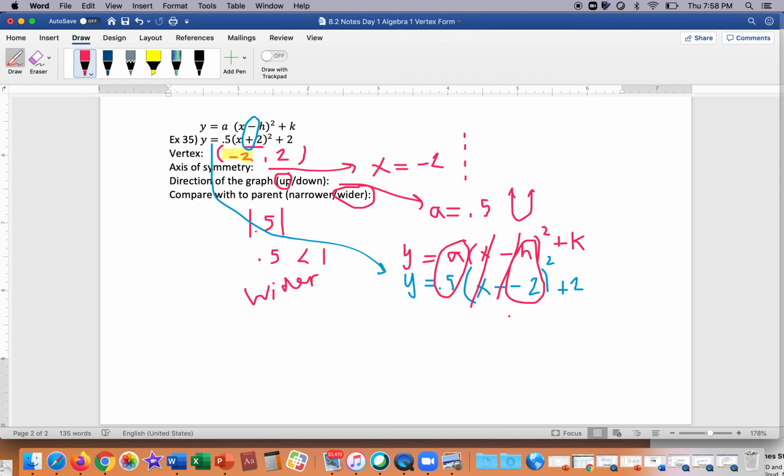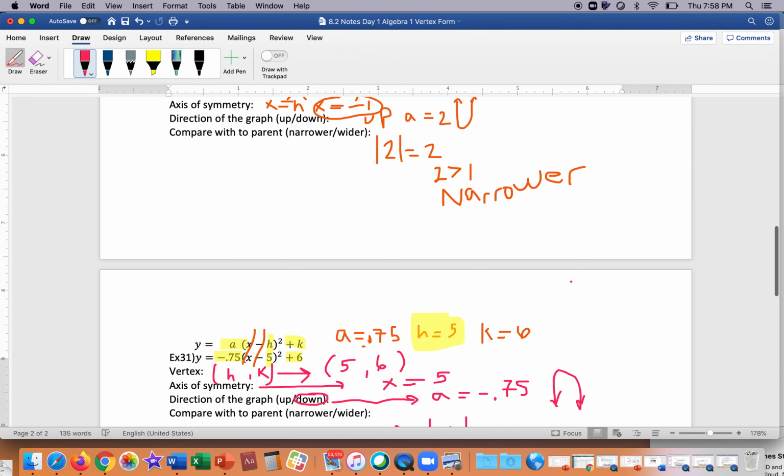Our h is negative 2, and our k is the last number. Okay, so again, a is 0.5, the h is negative 2, and your k is positive 2. The only thing that's opposite of your intuition is what's inside the parentheses. A is always the number in front, and your k is always the number afterwards.